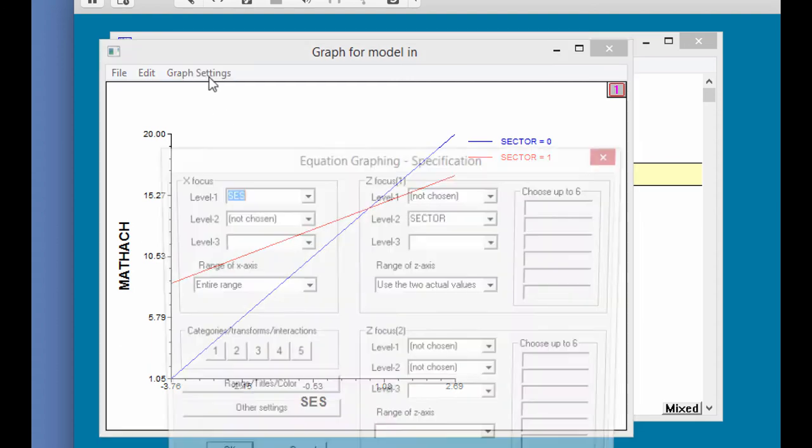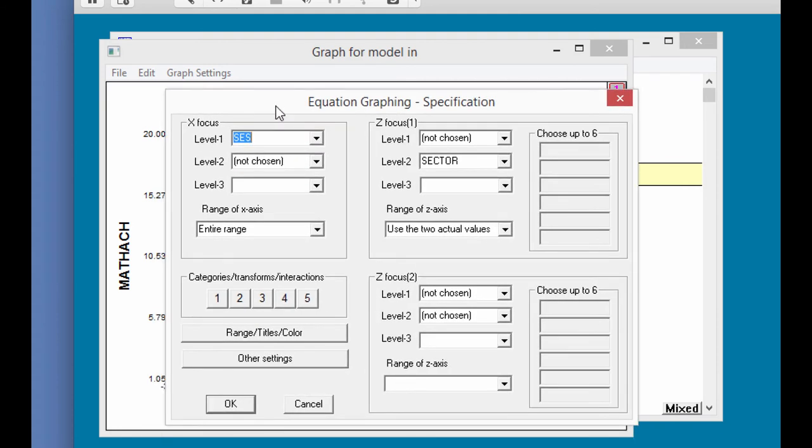Another way we can look at the relationship between these variables is to put in mean SES here at level 2, and we're going to look at low, medium, and high SES.